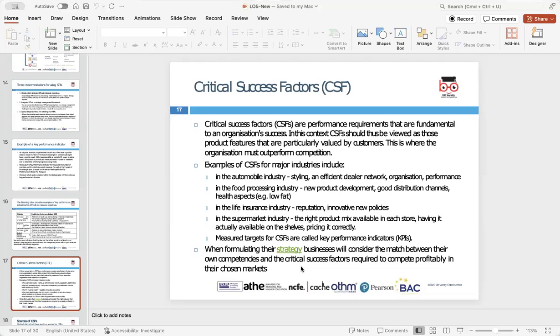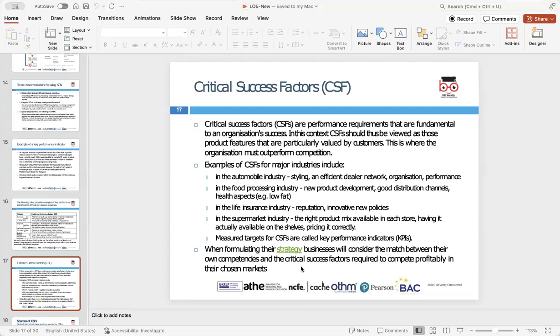In the automobile industry, for example, critical success factors or CSFs might include the design of vehicles and an efficient dealership network. In the food processing industry, new product development and good distribution channels could be critical. Each industry has its own set of CSFs that are critical to maintaining competitiveness.